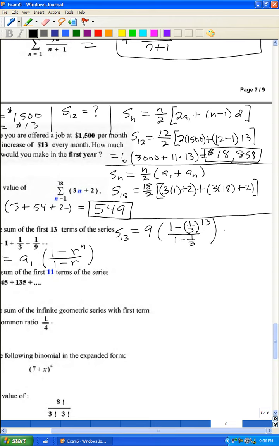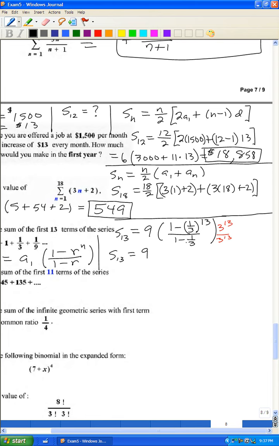And so this is equal to, I guess, multiply by 3 to the 13 and divide by 3 to the 13. So S13 is equal to 9.